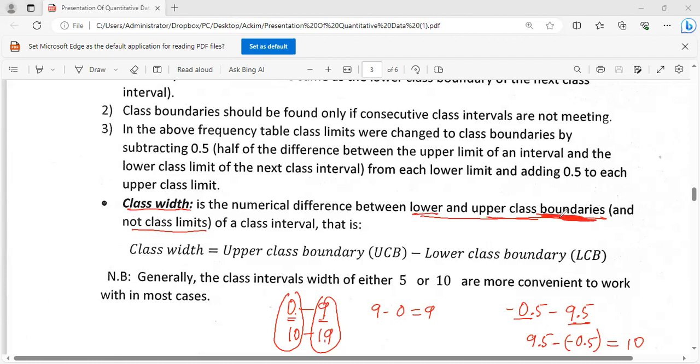Take note, it's the boundaries. If it's boundaries, you just take the right minus the left, there is no problem. But if it is class limits, you cannot do it that way. You will get a long answer. So if it is class limits like the way it was 0 to 9, then 10 to 19, if you want to go direct and subtract, 19 minus 9, you get 10, if you are using limits. That's how you find the class width.